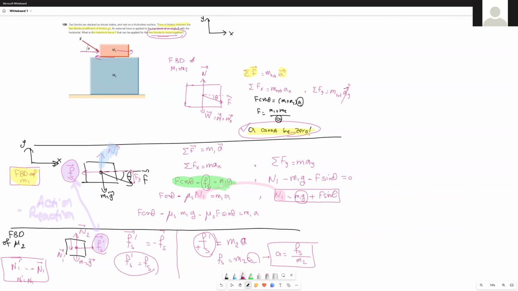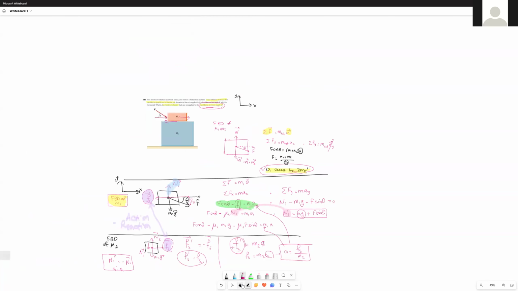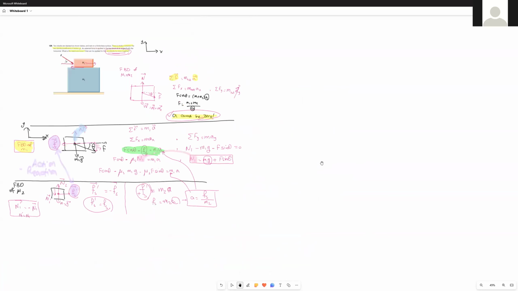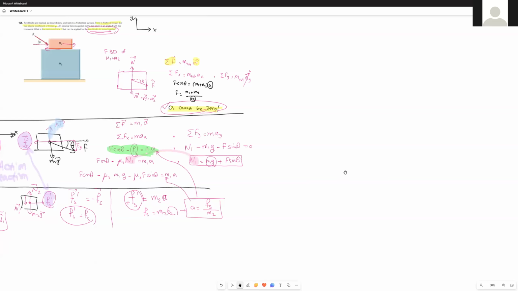And I can put that into either, it's up to you whether you're going to be more comfortable putting this into here or putting it into here after you plug in the expression for N1. Let me do one of them and follow that. But that's it. That's the procedure.